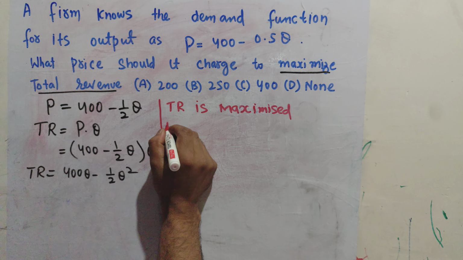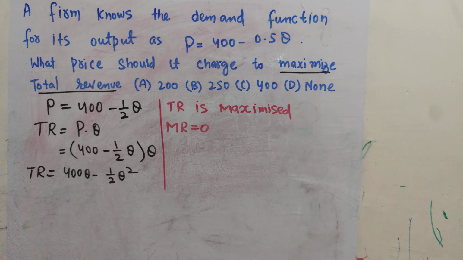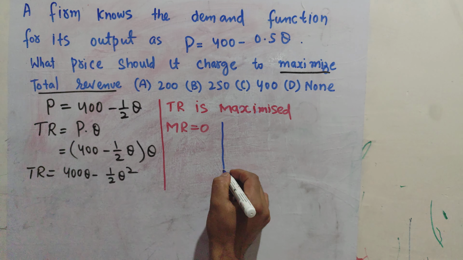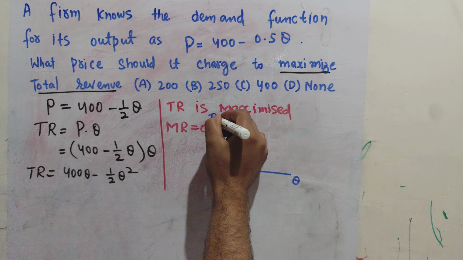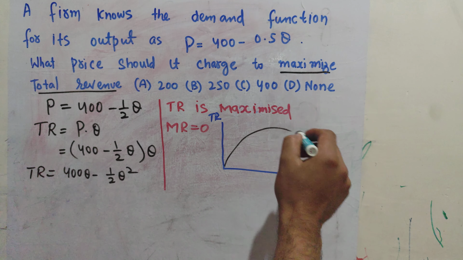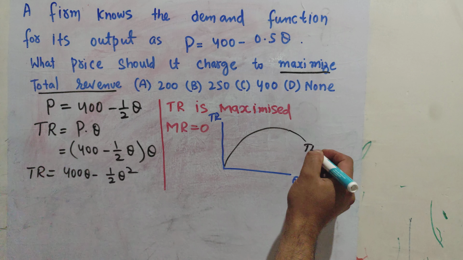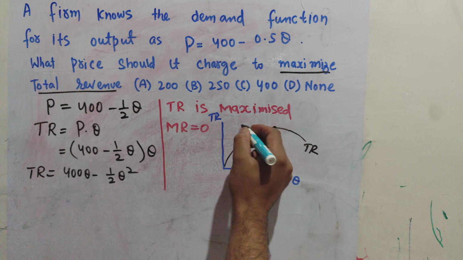Maximized when marginal revenue is equal to 0. If I draw a simple graph here, with output on the horizontal axis and total revenue on the vertical axis, this is our total revenue function. Total revenue is maximum where marginal revenue is equal to 0.